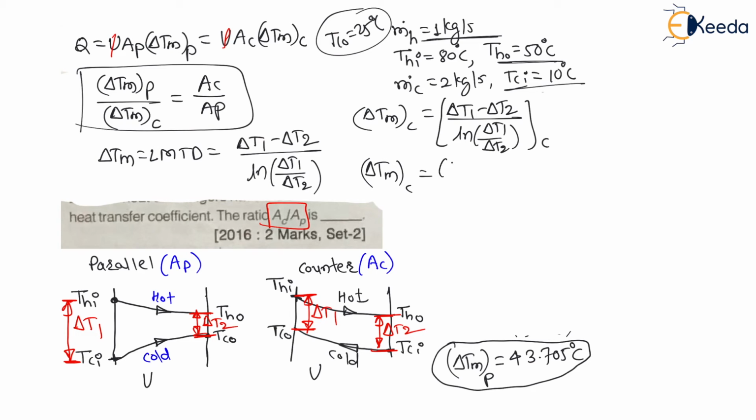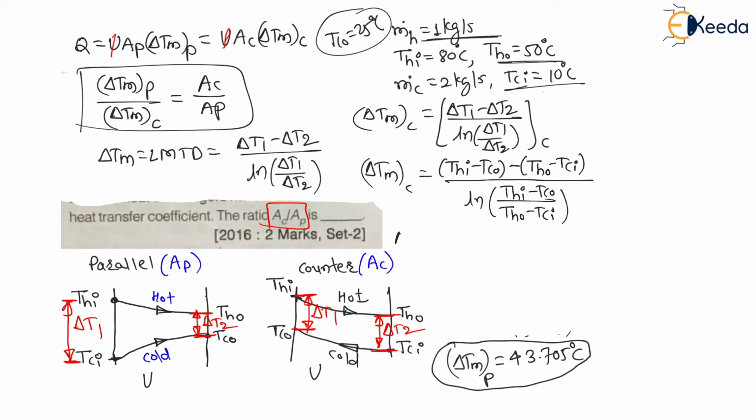Therefore, it is Thi minus Tco minus delta T2, which is Tho minus Tci, divided by ln of Thi minus Tco divided by Tho minus Tci.